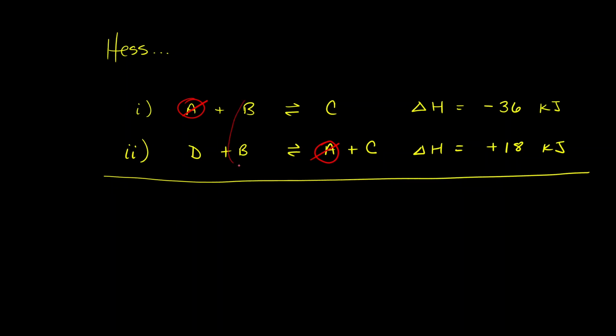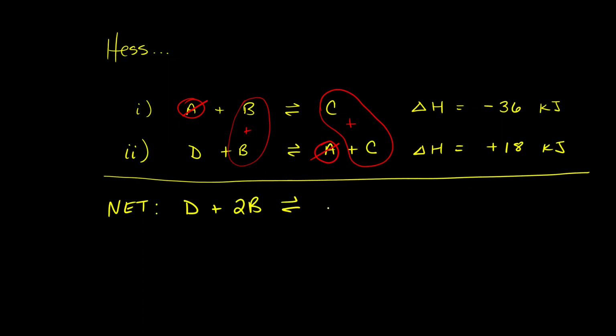When we have our B's on the same side, they add up, C's on the same side, add up like that, and we get our net equation down here. So in this case, for example, D plus 2B is at equilibrium with 2C. And our delta H is the sum of these two reactions, which would be negative 18 kilojoules, because Carrie picks numbers that are easy for her to do quickly.